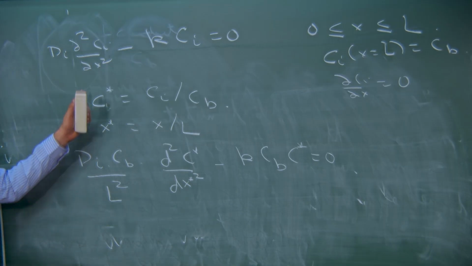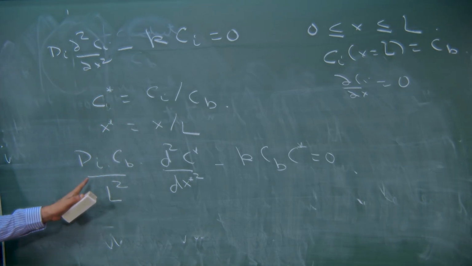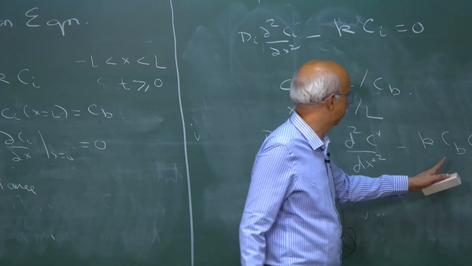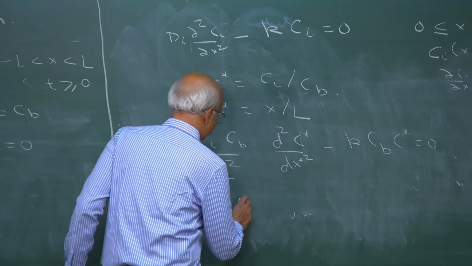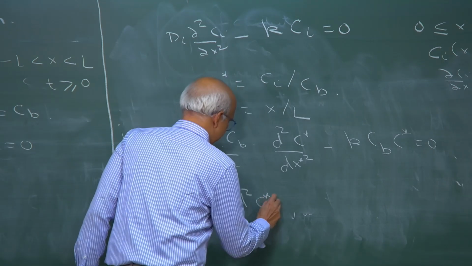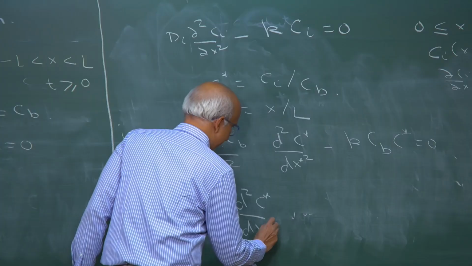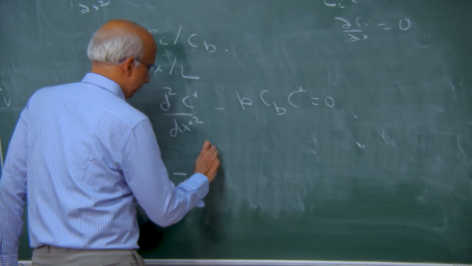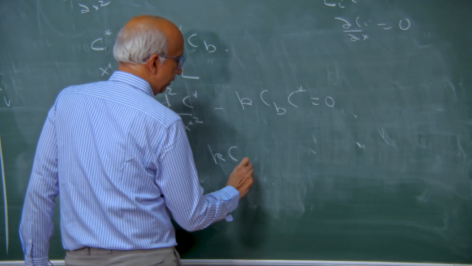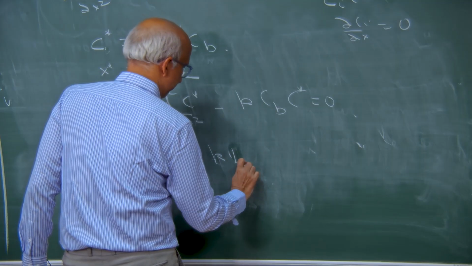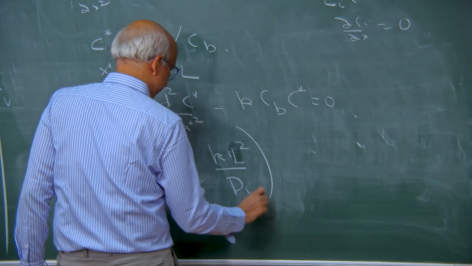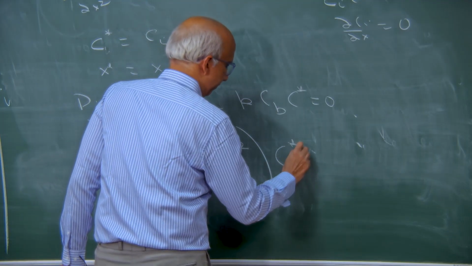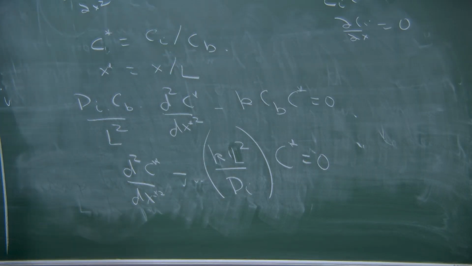So, I have just put wherever Ci is there, C star times Cb, and that is it, and this gives me d square C star by d x star squared minus k L squared by di times C star equals 0, okay.